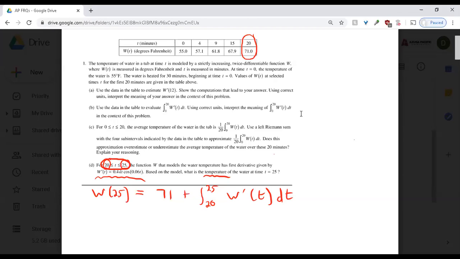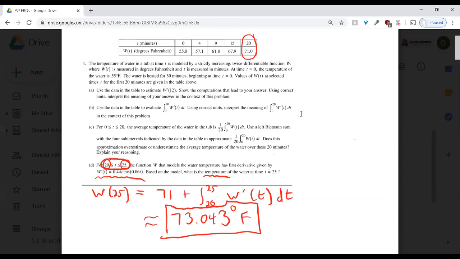And that'll give you the answer, which to 3 decimal places is 73.043. I believe it's degrees. Is that Fahrenheit? Yep. So that would be the temperature at the 25th minute, knowing the temperature at the 20th minute.